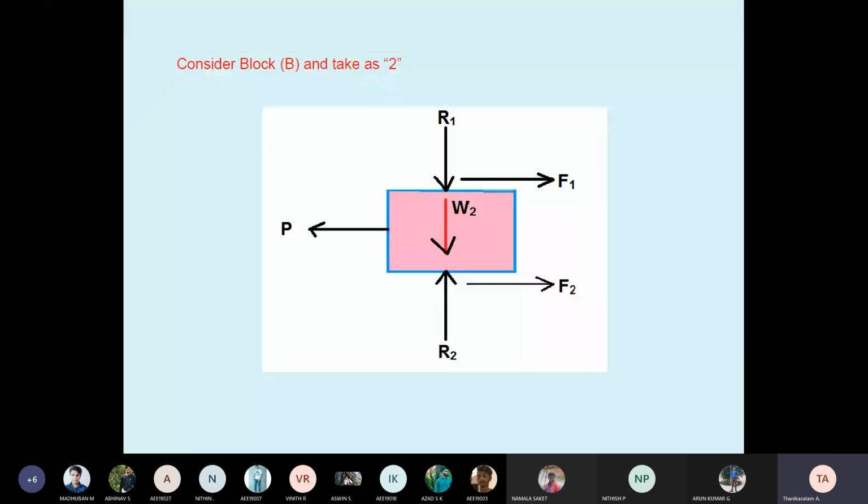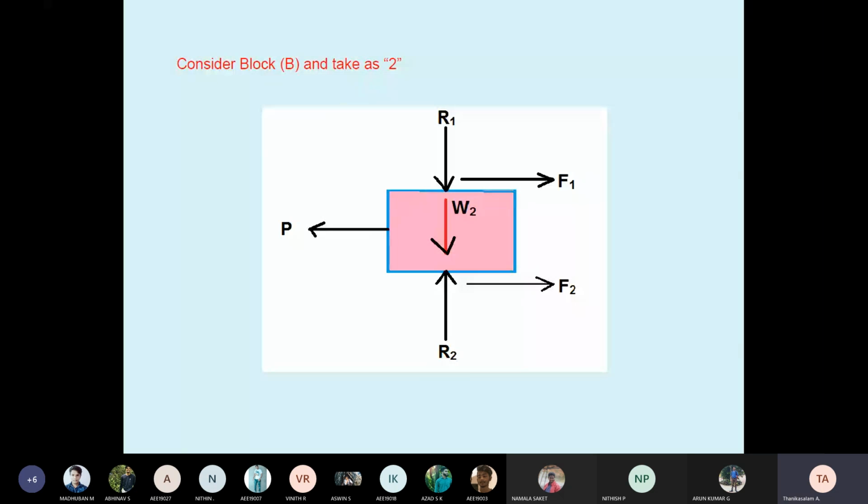Then we applied Newton's third law. What is Newton's third law? Every action has an equal and opposite reaction. So block B is acted on from both the upper and bottom sides. The upper side is block A, the bottom side is the floor. Therefore R2 is introduced. Then R1 is downward because block B is touching on the upper side. Therefore, the reaction is downward, R1. And the weight acts vertically downward.